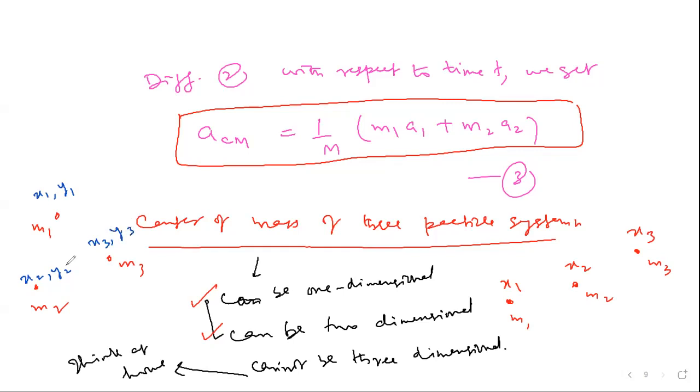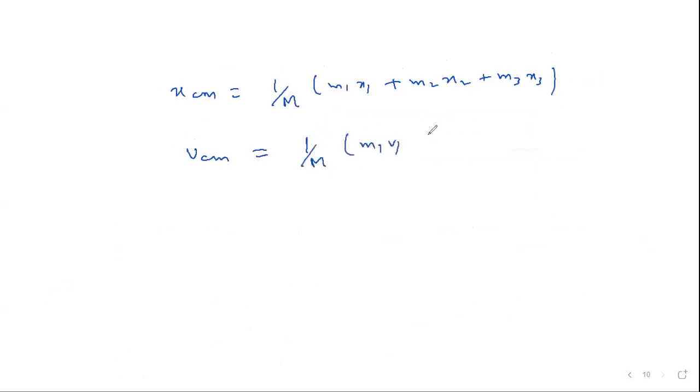And center of mass will also have two position coordinates. It will have xcm equal to 1 by m, m1x1 plus m2x2 plus m3x3, and similarly vcm will be 1 over m, m1v1 plus m2v2 plus m3v3.